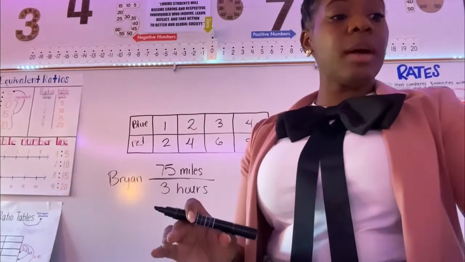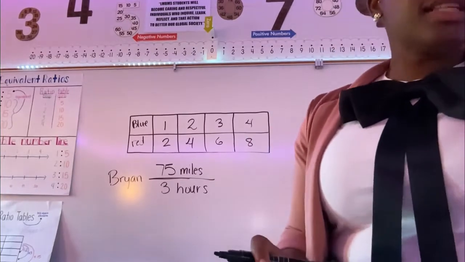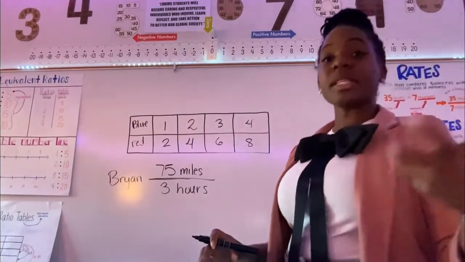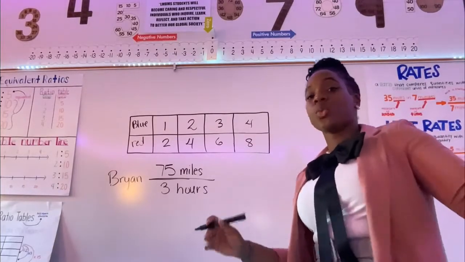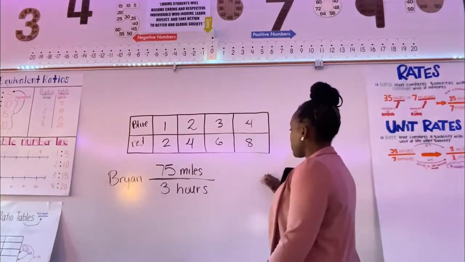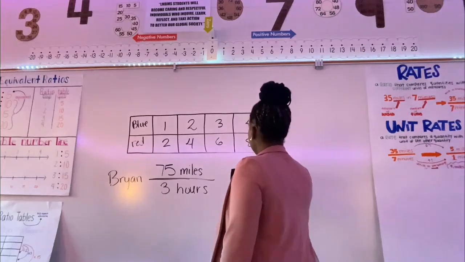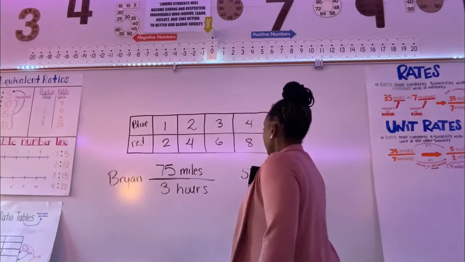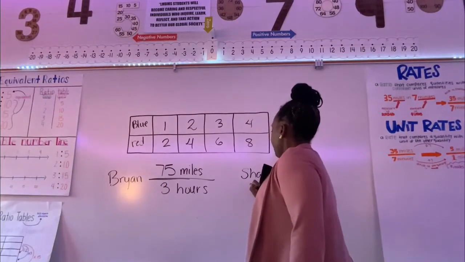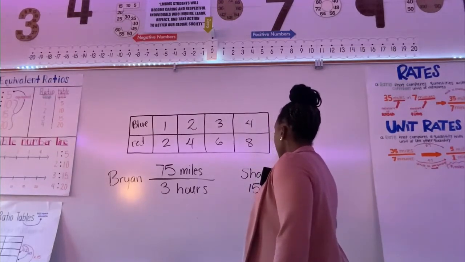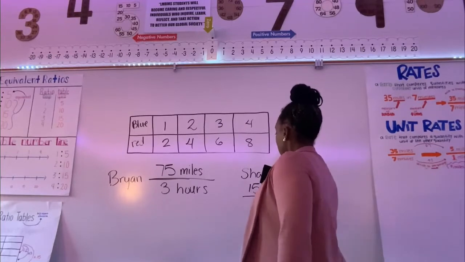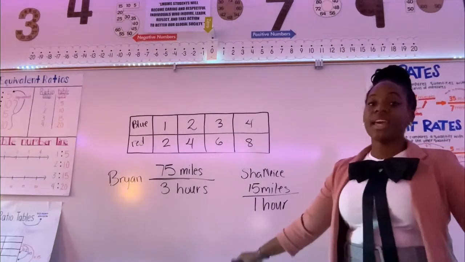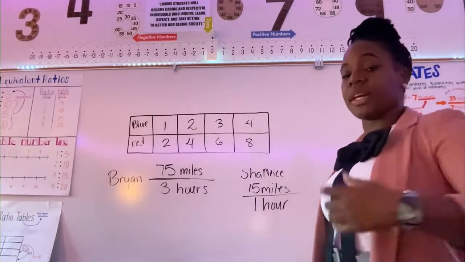We go to the number 1, and where does the dot line up across from that? So it is in between 10 and 20. So hers is going to be, so Shanice would be 15 miles for 1 hour. This is already a unit rate because it has a denominator of 1.